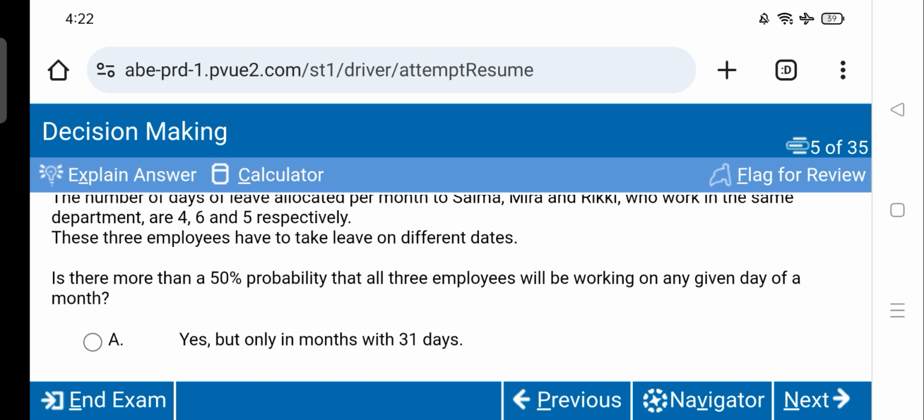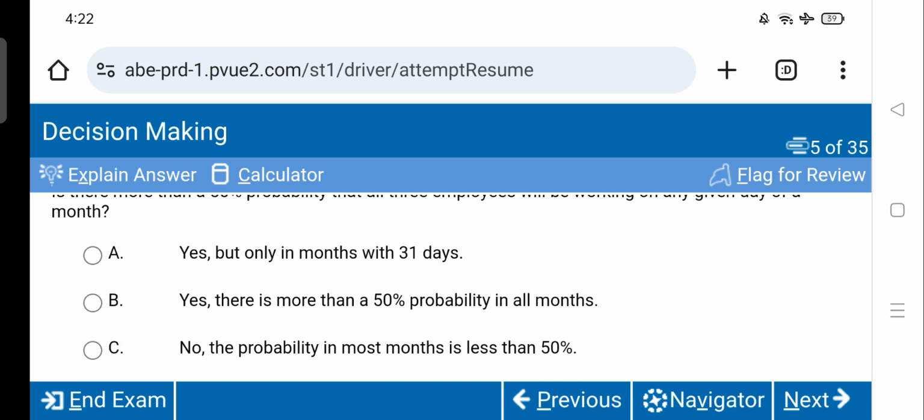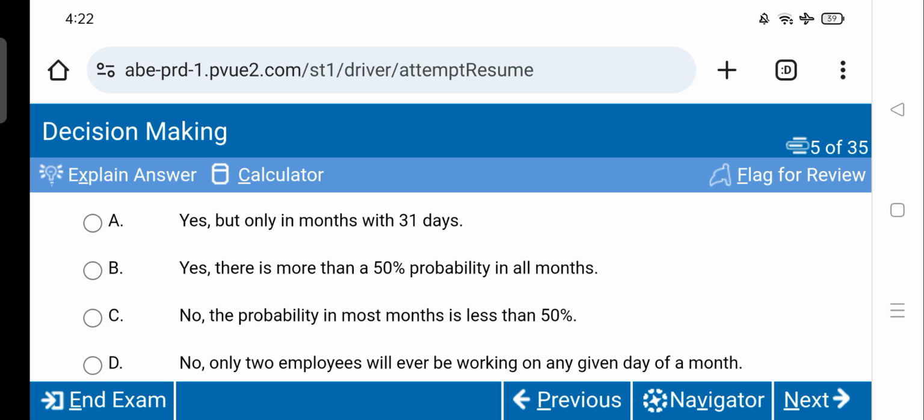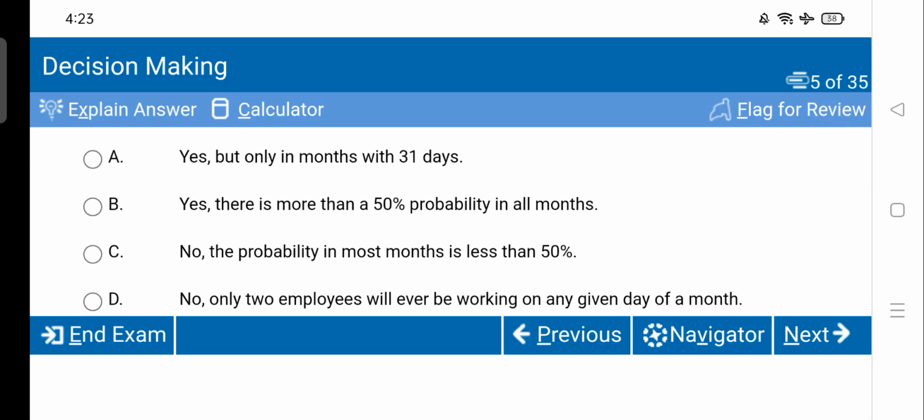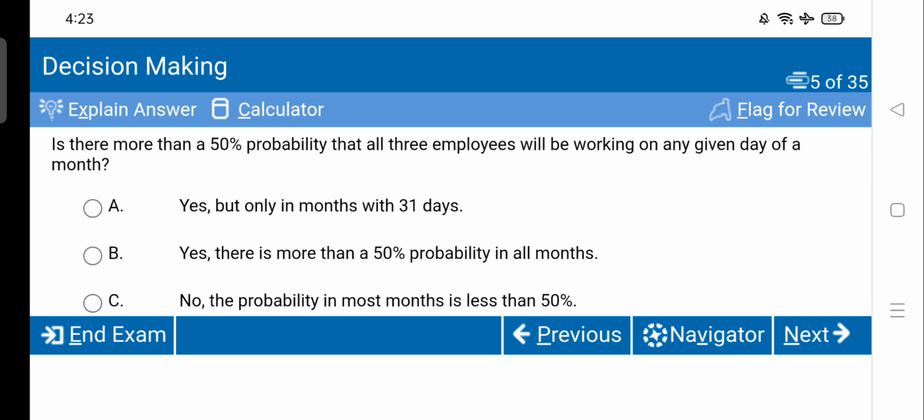So the question is, is there more than a 50% probability that all three employees will be working on any given day of a month? Option A, yes, but only in months with 31 days.